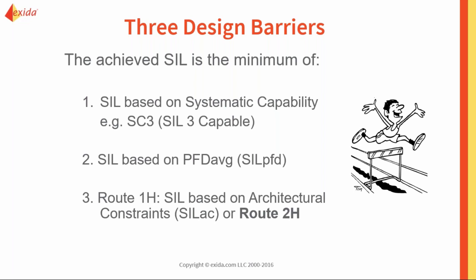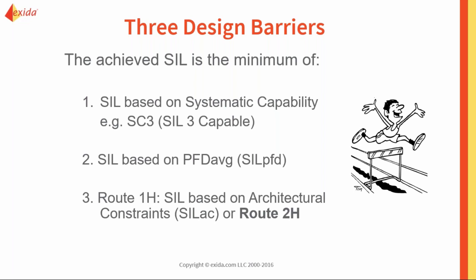The worst case, or the lowest SIL, is what actually determines the SIL for the product. So if you meet a SIL 3 for your systematic capability or your PFD average, however your architectural constraints are only a SIL 1, or vice versa, then the entire product is the lowest of those barriers. So that would then be a SIL 1, or whatever the lowest barrier of the product is.